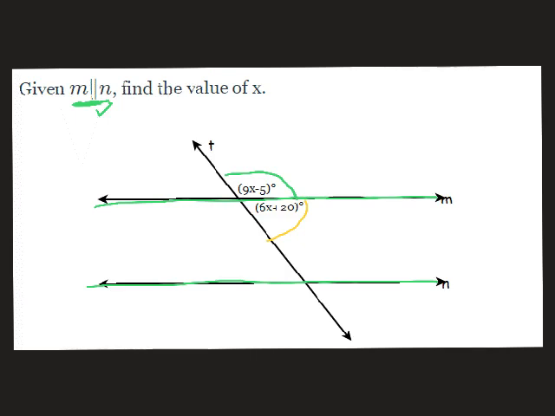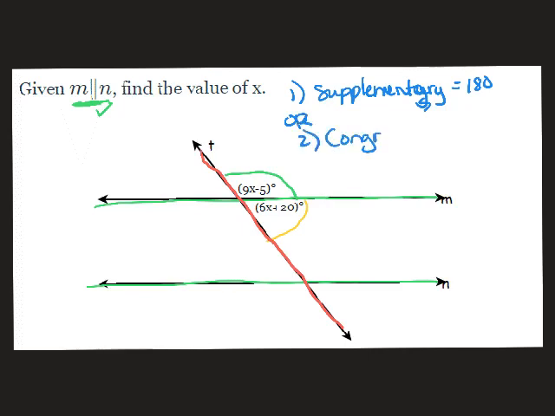They're going to add up to make this straight line right here. Remember, they're either supplementary and they equal 180, or they're congruent and they have the same measure. Those are your only 2 choices.